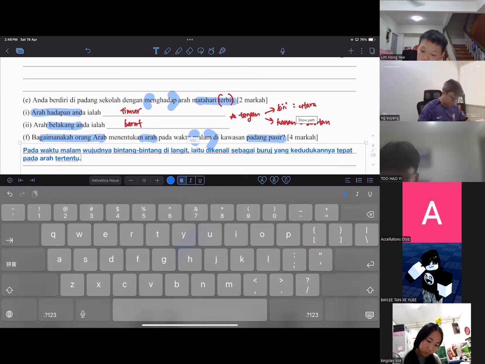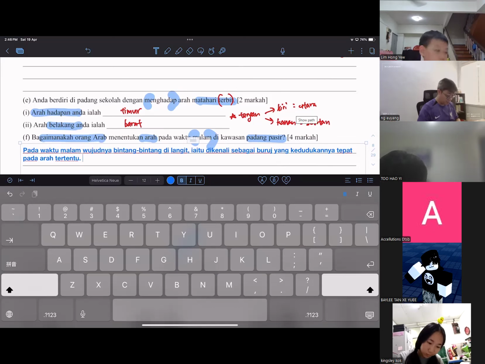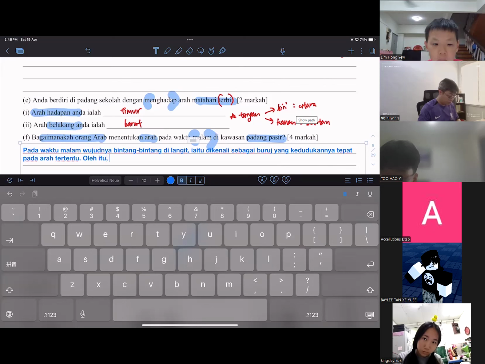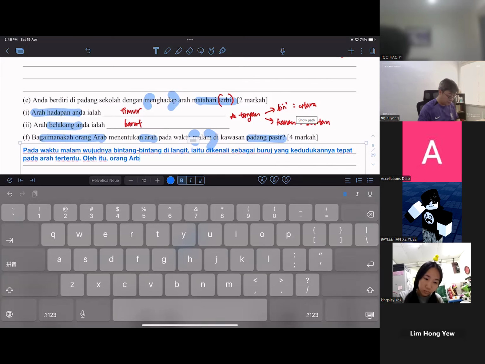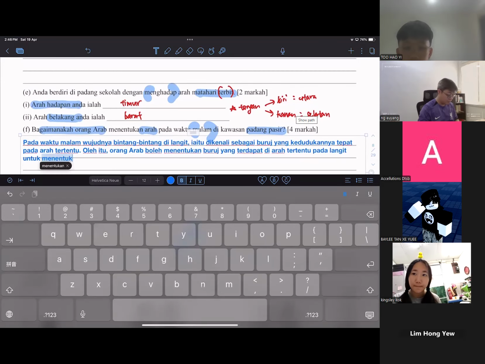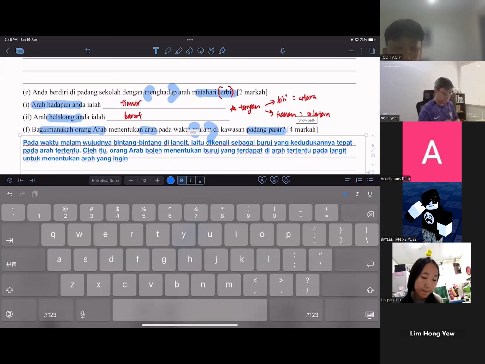So other than this, oleh itu orang Arab boleh menentukan buruj yang terdapat di arah tertentu pada langit untuk menentukan arah yang ingin pergi.